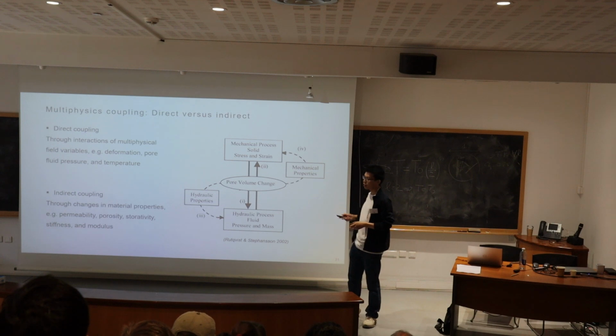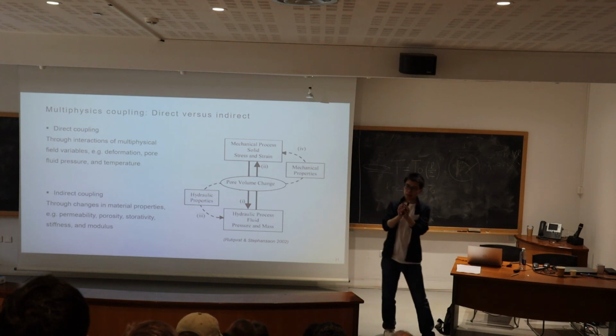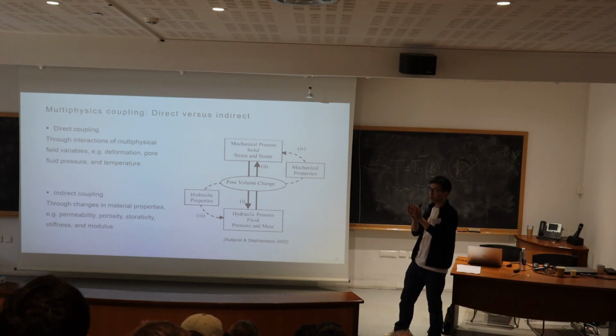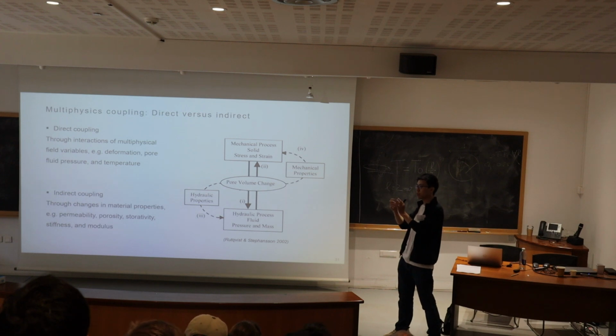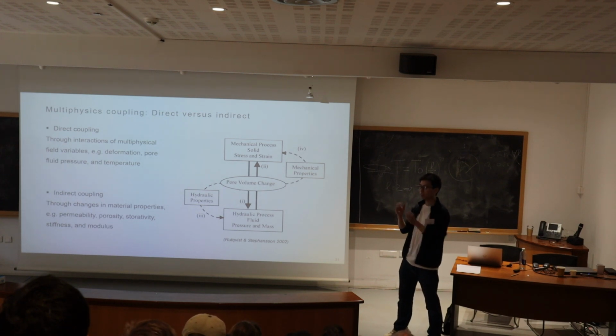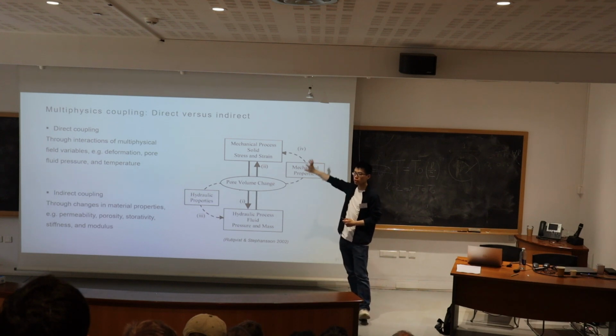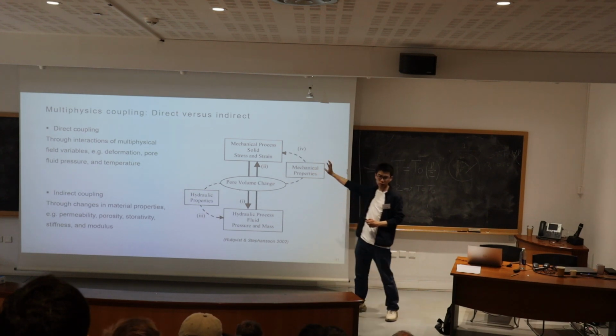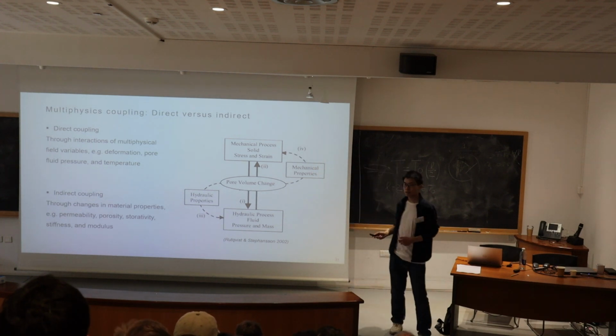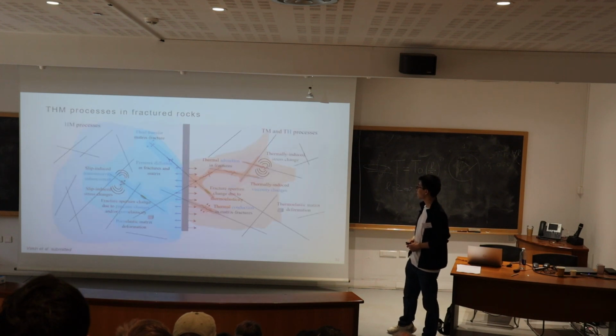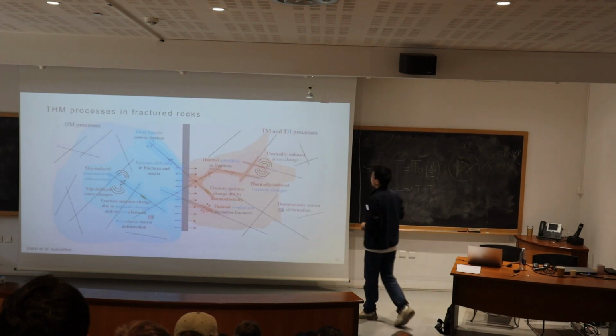Direct coupling is when you have a water pressure increase in the fracture, which will also cause a poroelastic response inside the rock. So this would be direct coupling. Both mechanisms are important for fractured rocks.